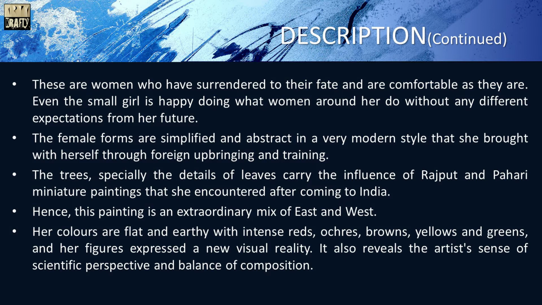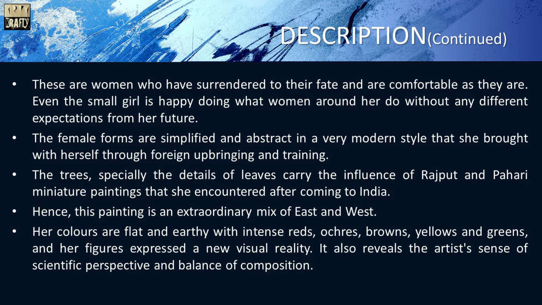The female forms are simplified and abstract in a very modern style that she brought with herself through foreign upbringing and training. The trees, especially the details of leaves, carry the influence of Rajput and Pahari miniature painting that she encountered after coming to India. Hence, this painting is an extraordinary mix of East and West.